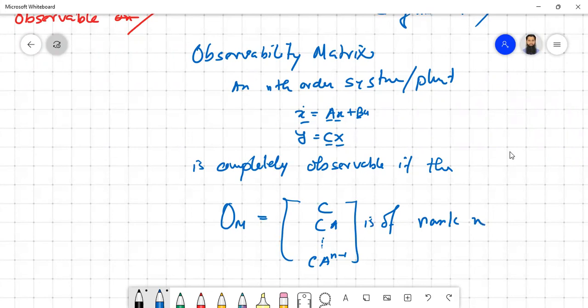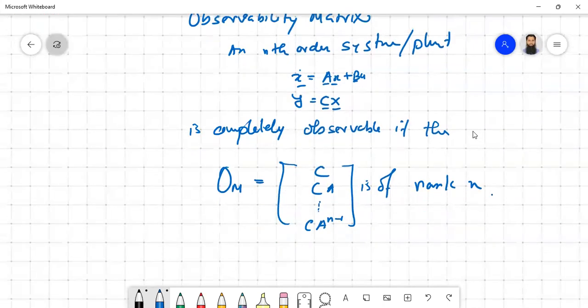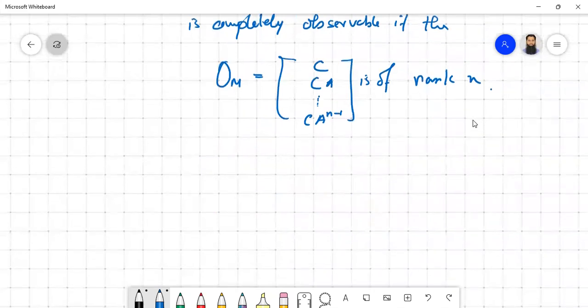Only then. So it is a similar criterion with a different matrix, and if this gives a rank of n, then your system is completely observable. So quickly, let's see one example.